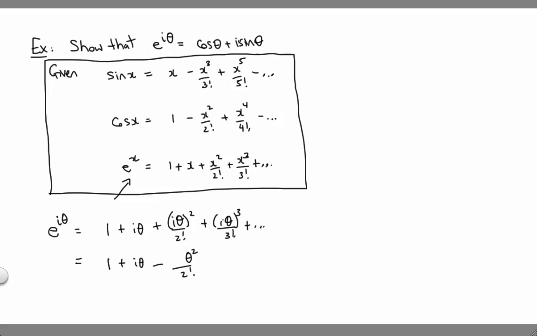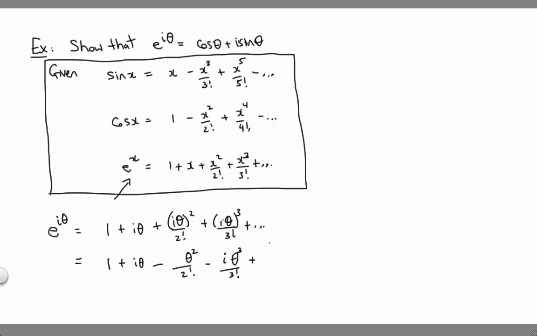Okay, then we get to our fourth term, the cubed term. So i cubed theta cubed over 3 factorial. And then remember our discussion from before: i cubed is better expressed as -i. So let's do that right now and say this is minus i times theta cubed over 3 factorial.